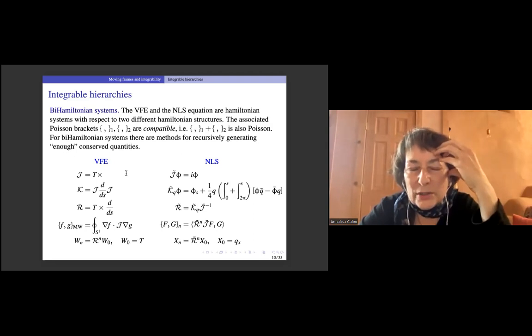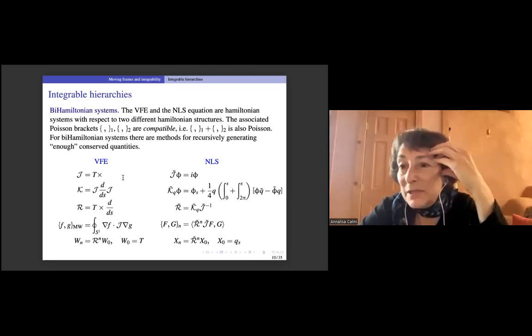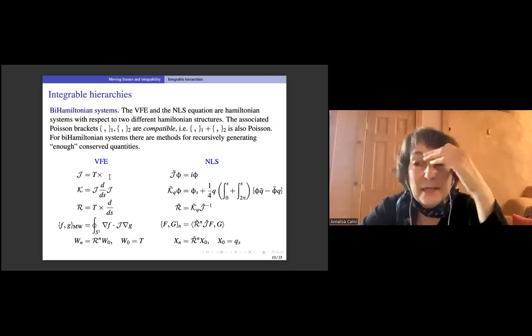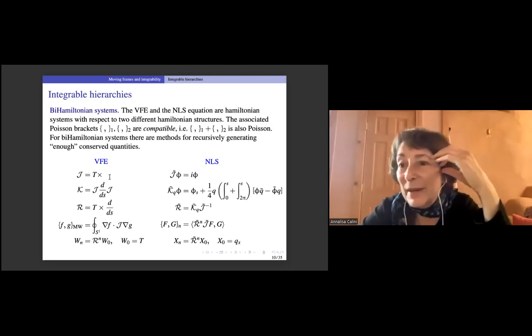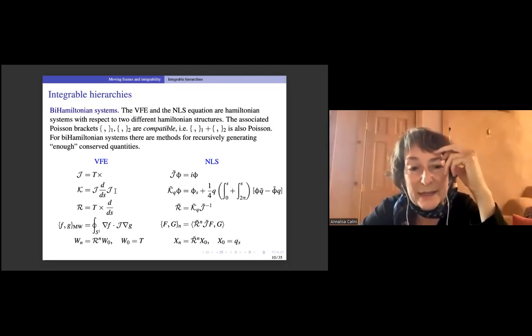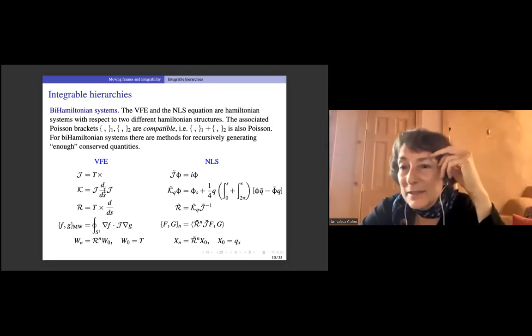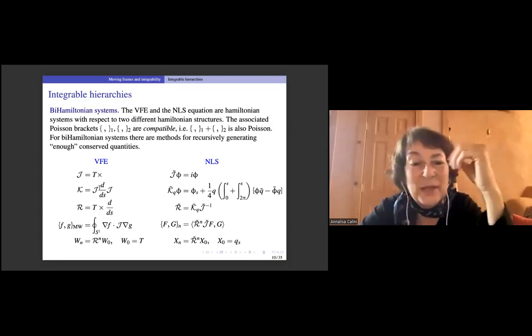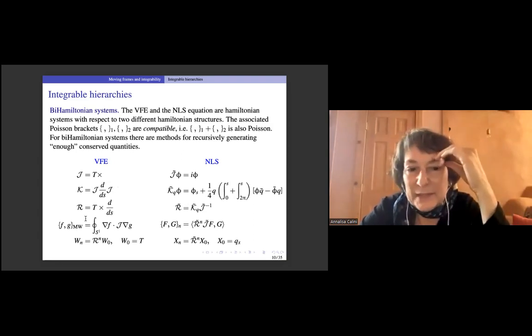And notice that on this side, the structure is, in a sense, much simpler. One is essentially a rotation by 90 degrees in the normal plane to the curve, and the other one is essentially differentiation with respect to arc length, conjugated by this rotation. They both have, of course, recursion operators.